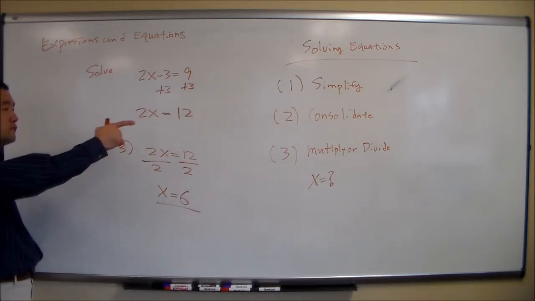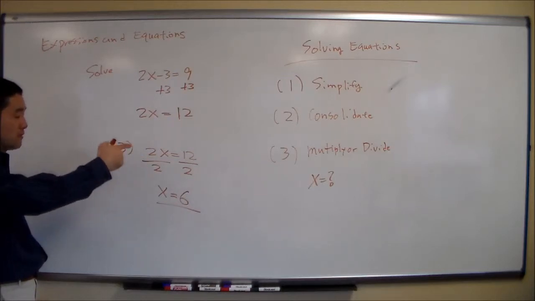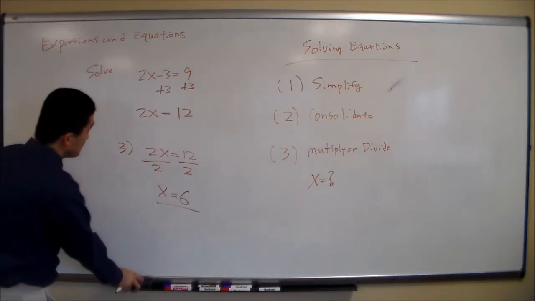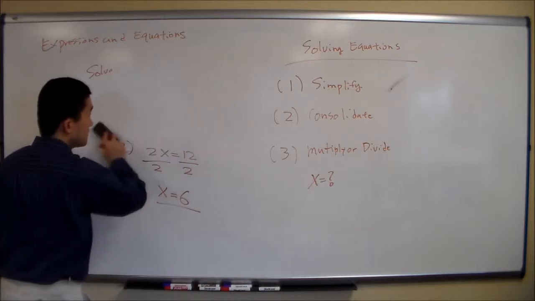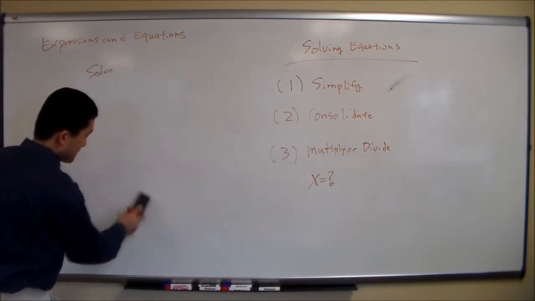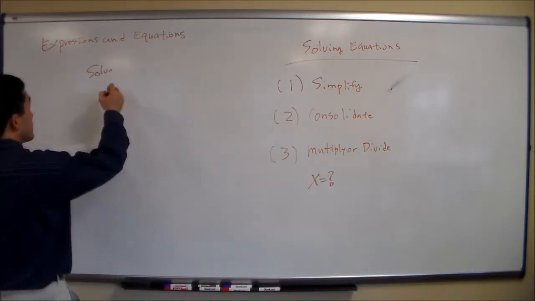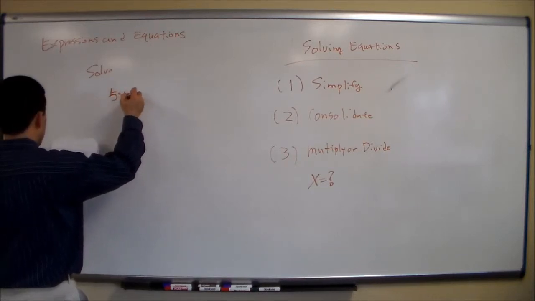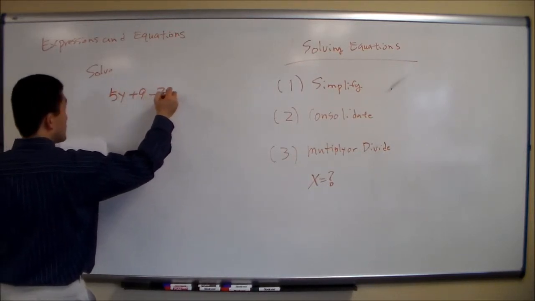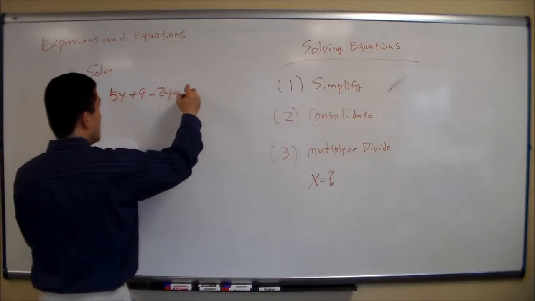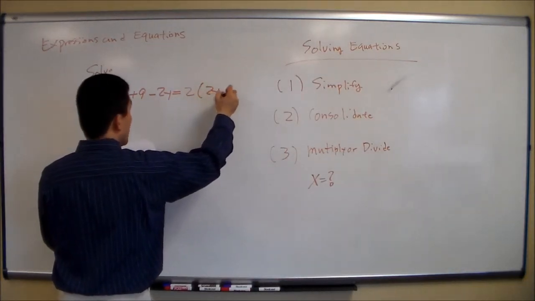So let's use these rules, steps, to solve more complicated problems. For example, 5y plus 9 minus 2y is equal to 2y plus 3.